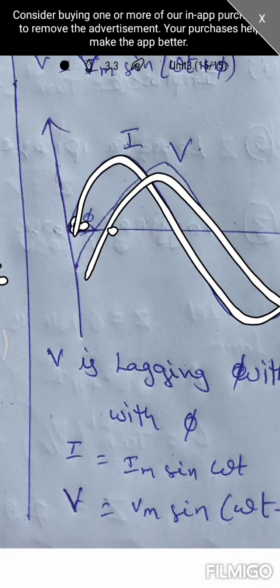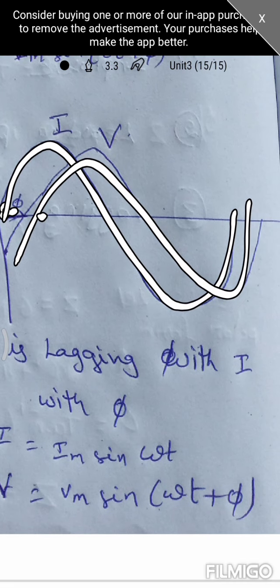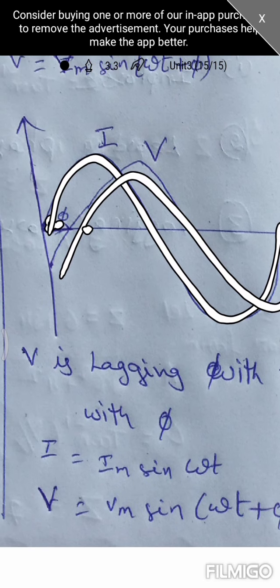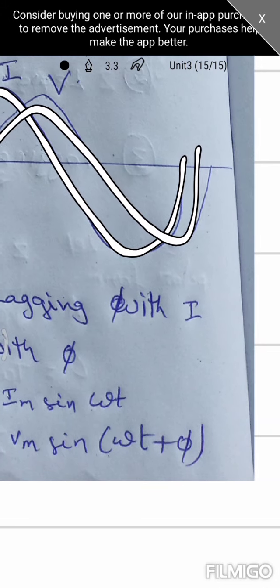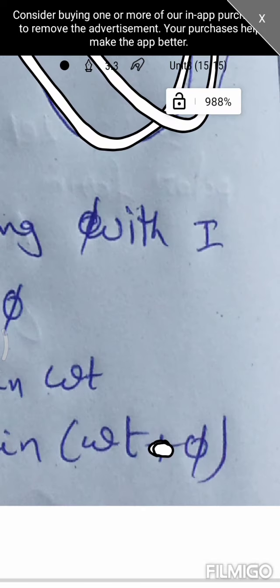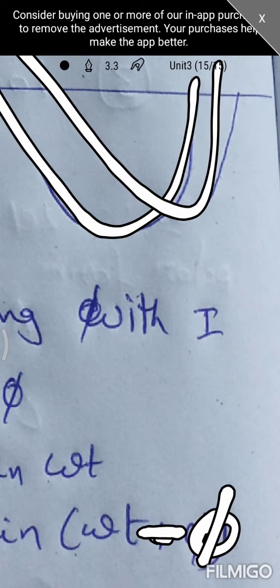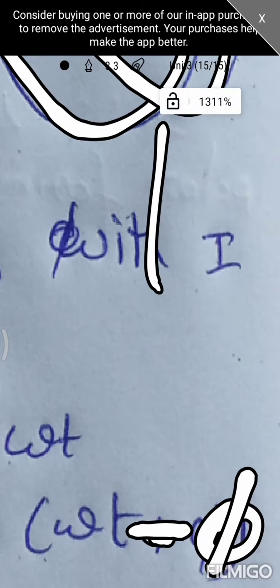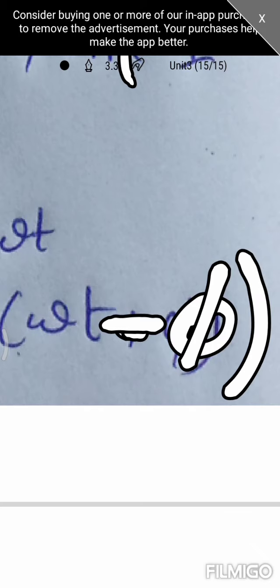How this is expressed in terms of equation is I = Im sin omega t. Here voltage is V = Vm sin(omega t minus phi). Why? Because here phi is in lagging condition, that's why it is represented as omega t minus phi.